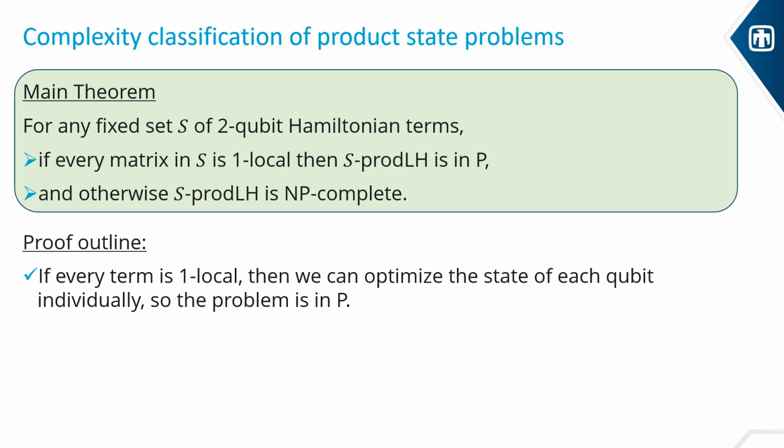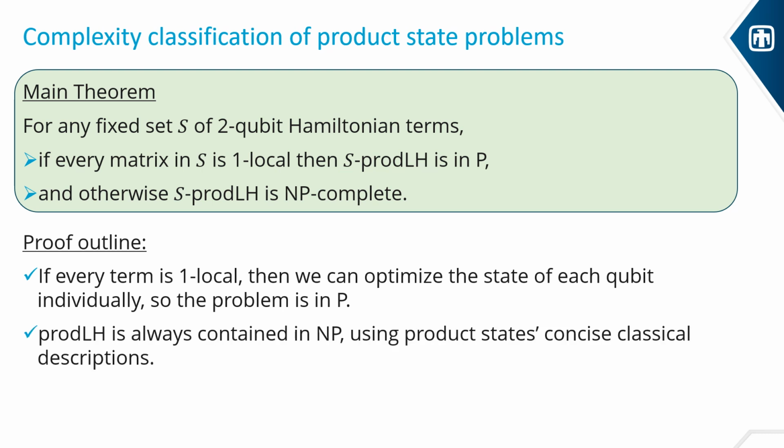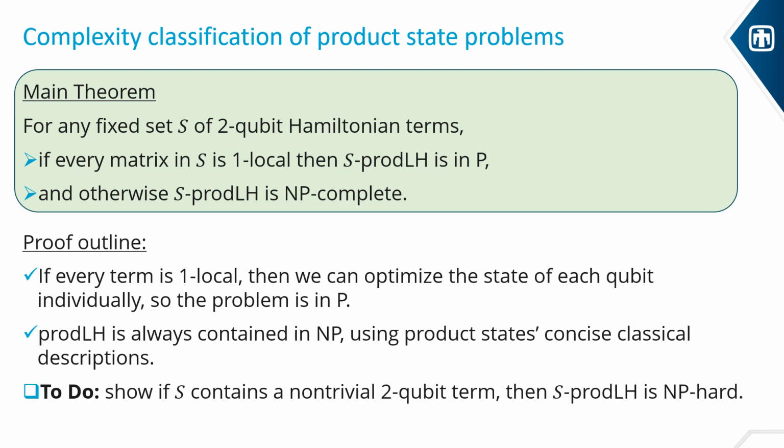So that places the problem in P. The product state problem is always contained in NP, using the concise classical description to verify the energy of that state. And so the thrust of our work is to show hardness, that given any non-trivial 2-qubit term, the product state problem is NP hard.